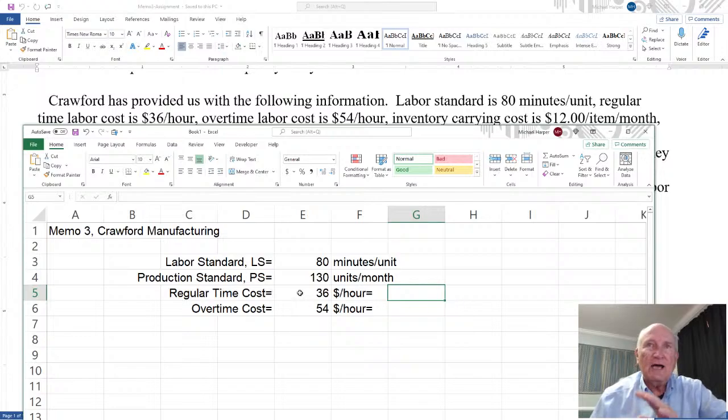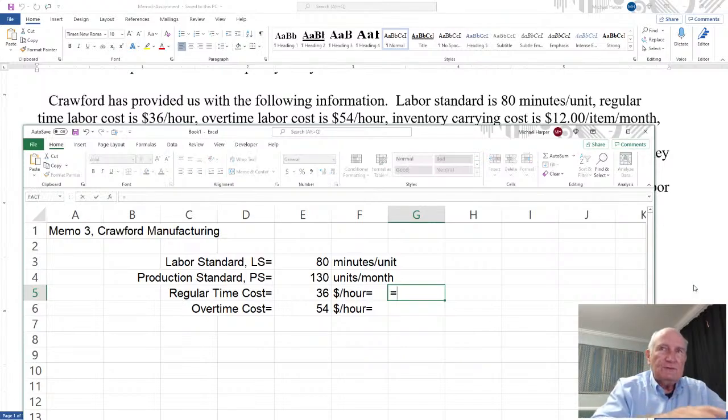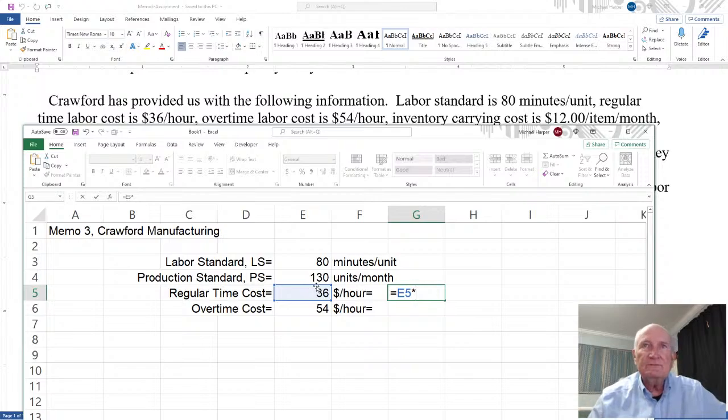If it's $36 per hour and every unit takes 80 minutes, then it equals 36 times 80 divided by 60, again minutes to hours.